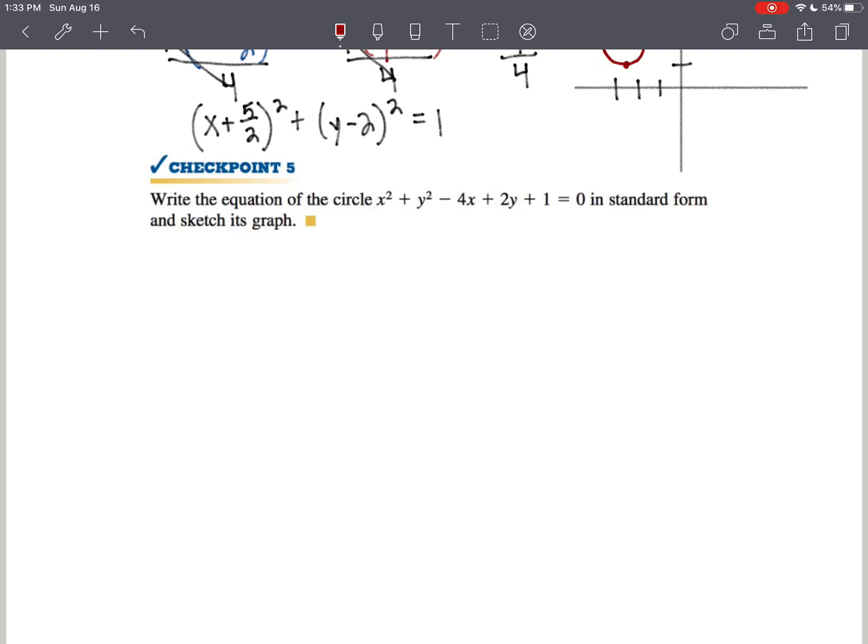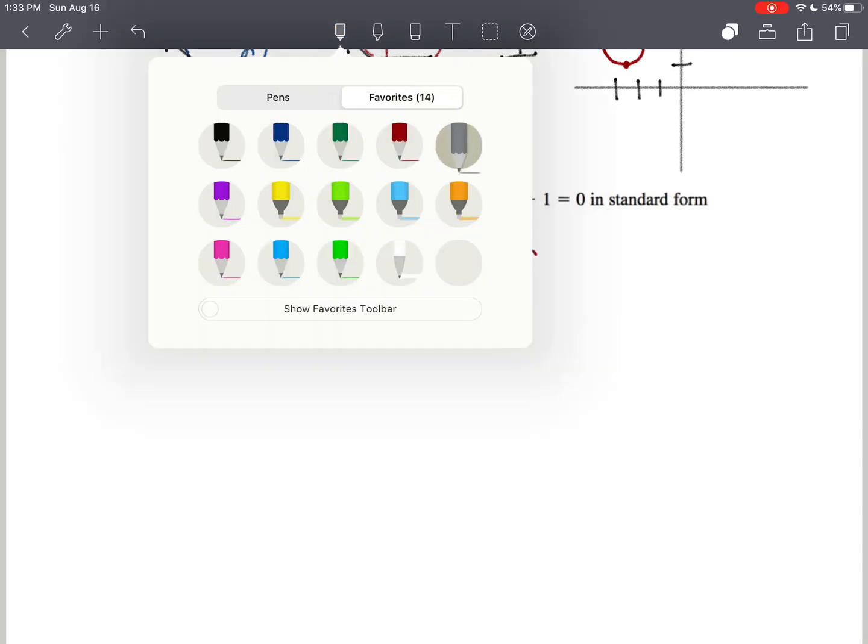Okay, you should be back now, and I'm going to give you the quick answer right here. We've got a center at 2, -1, and we have a radius equal to 2. So our beautiful graph.